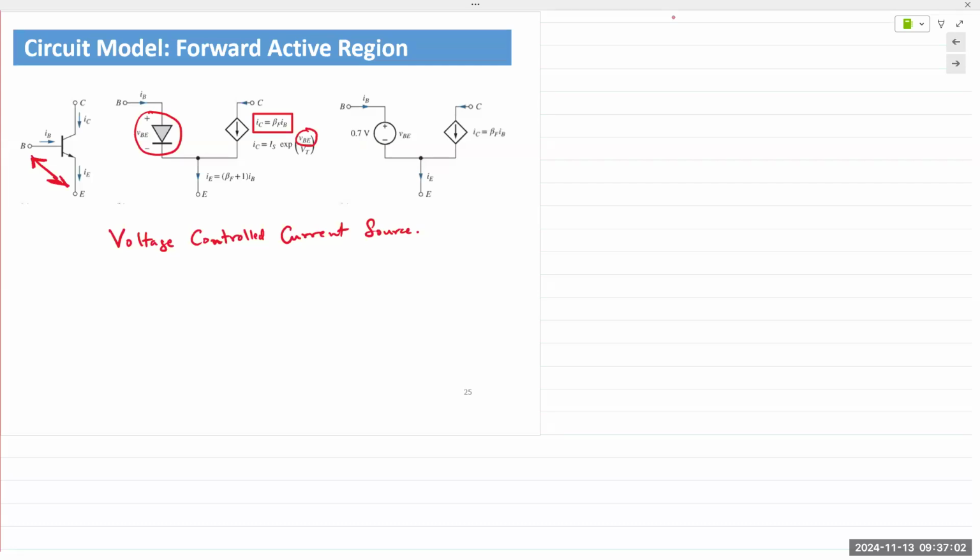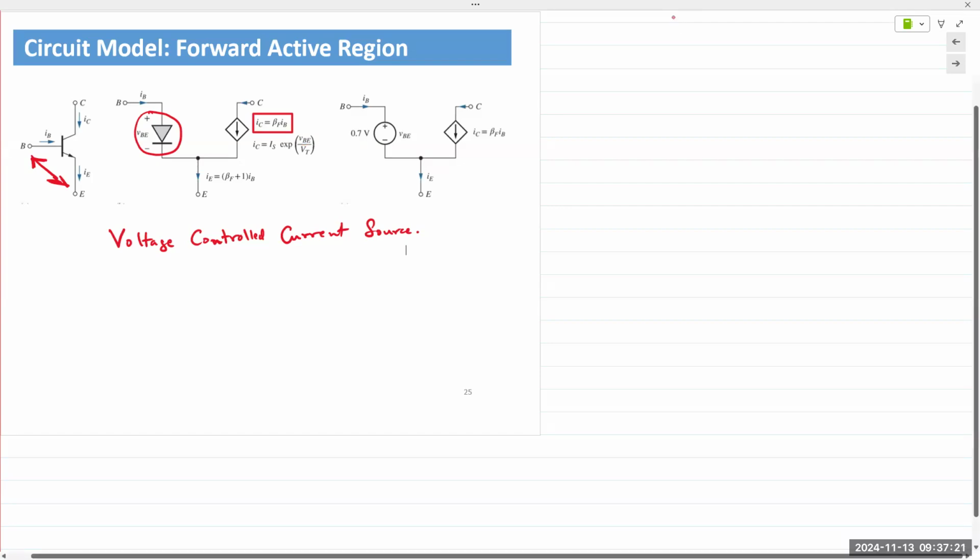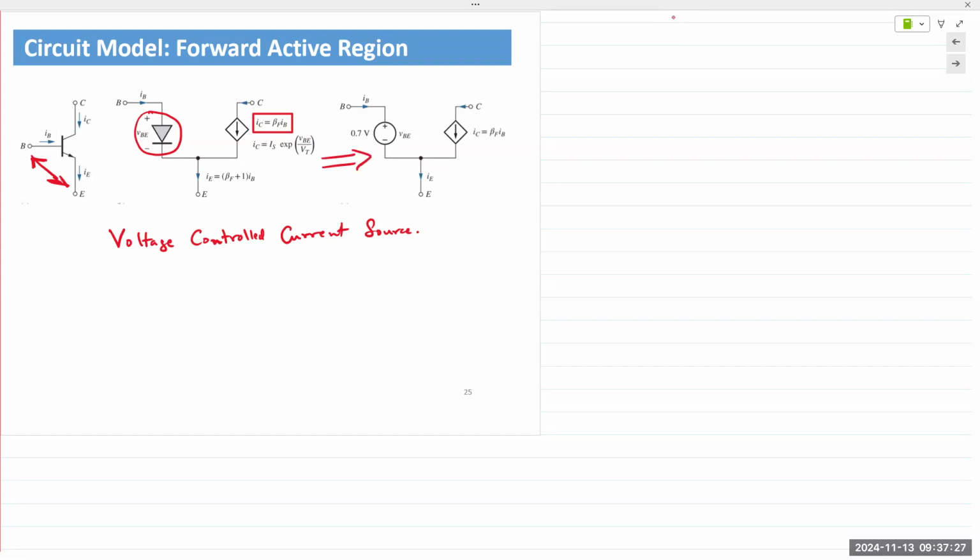Hence, we can describe the BJT in the active region as a voltage controlled current source. This model is very useful in many analysis cases. And then this simply replaces the diode with a constant voltage drop model of 0.7 volts.